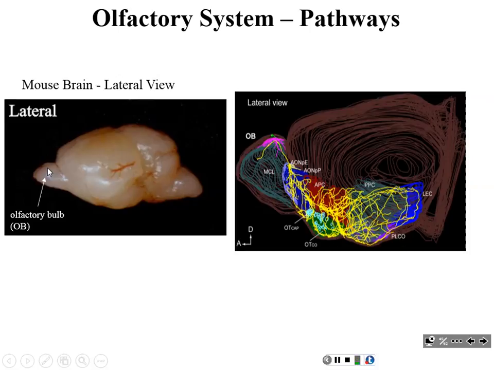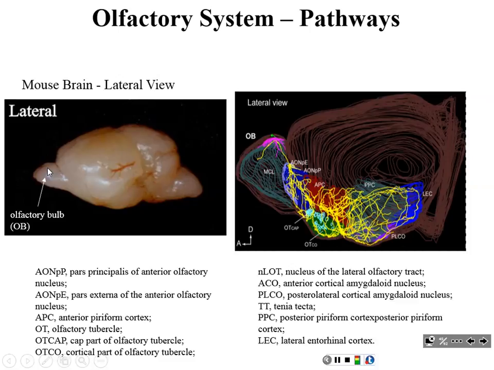That is the projection of that single individual axon from one mitral cell. It targets basically everything. The anterior olfactory nucleus, the piriform cortex, the olfactory tubercle, the amygdala, the lateral and entorhinal cortex. Now imagine that by thousands of mitral cells in the OB.